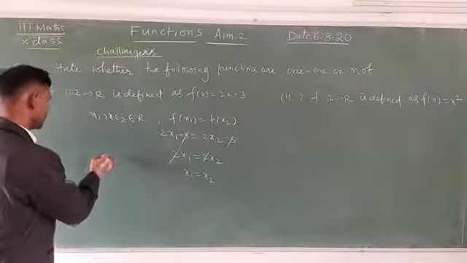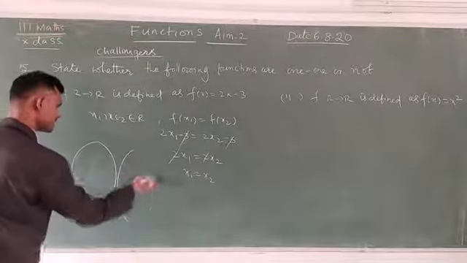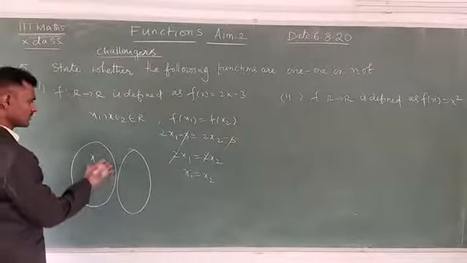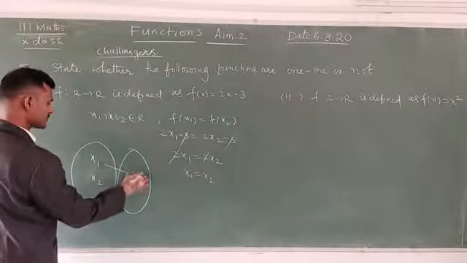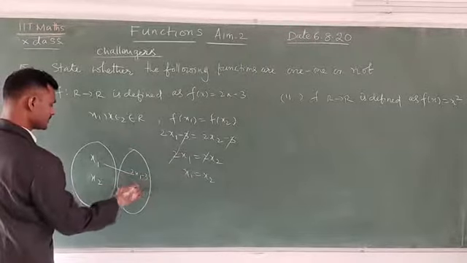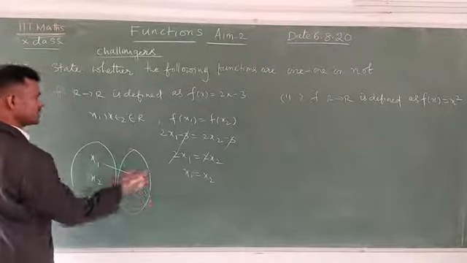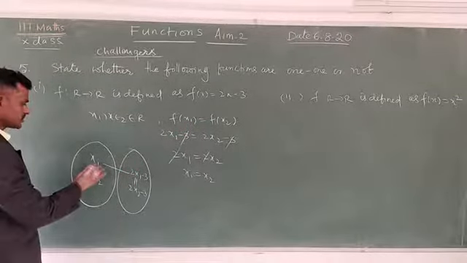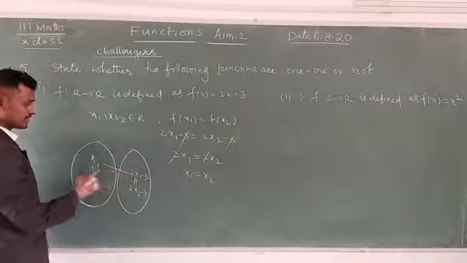See here how it is. Here x1, here x2, both elements. This is 2x1 minus 3, this is 2x2 minus 3. Both images are equal, then these two are also equal. Different elements having different images.